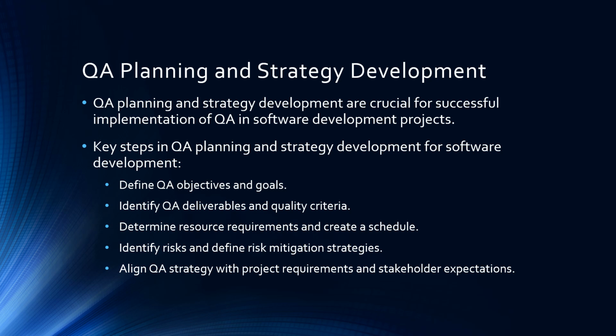Microsoft's approach to QA planning includes substantial investment in automated testing infrastructure while maintaining flexible resource allocation for exploratory testing and quality oversight. Risk identification and mitigation strategies are crucial elements of QA planning. Netflix's chaos engineering practices exemplify how organizations can proactively identify and address potential quality risks through systematic testing and monitoring.